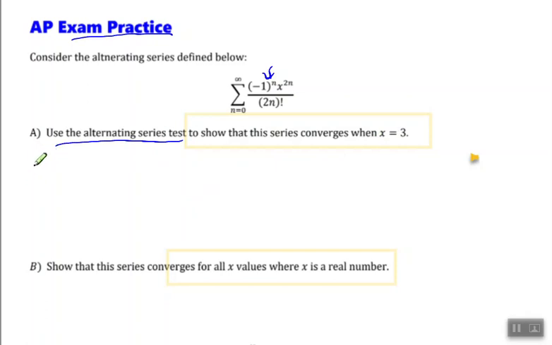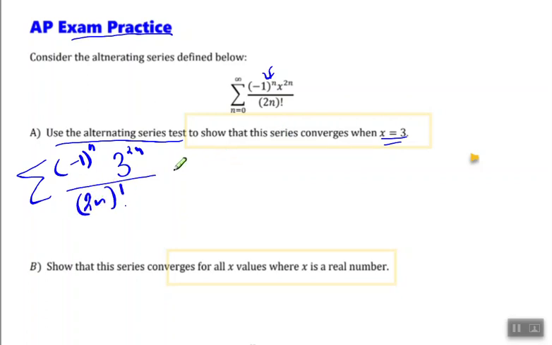So when x is 3, we have (-1)^n times 3 to the 2n over 2n factorial. Use the alternating series test. We just need to state the 3 things that are true about this one, and not even worry about this.